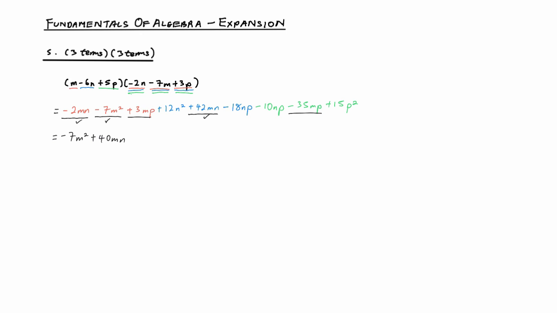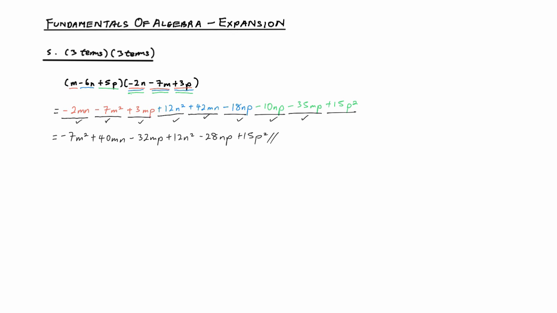Plus 3 minus 35 will be minus 32mp. Okay, that's done. Then the next one will be n. Highest power, 12n squared. That's done. Then the n combinations. So we have minus 18 minus 10 here, which will be minus 28np. And then finally, the p.